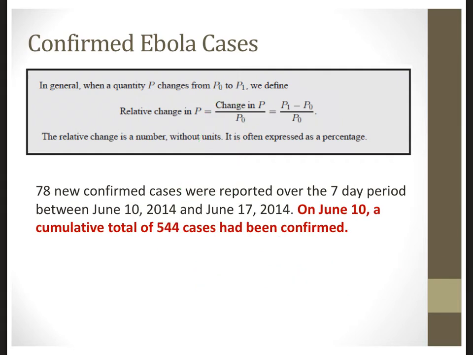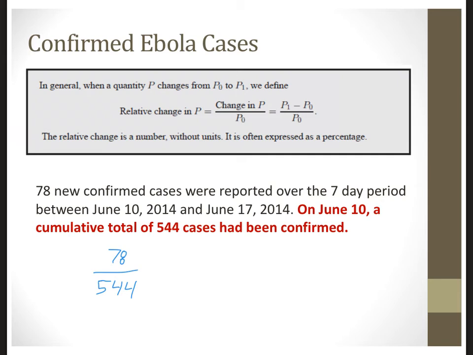And now let's calculate a similar relative change in the number of cases in mid-June, so much earlier in the spread of the disease. So over this one week period from June 10th to June 17th, our total change in cases, we're told that we had 78 new cases, and this was out of an initial number of 544 cases as of June 10th, 2014.